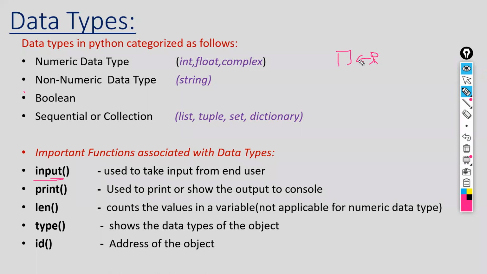While he is entering the data, if the program needs to accept that data, we need to use one function called the input function. The input function takes input from the end user. We'll discuss more about those when we are dealing with a small project.